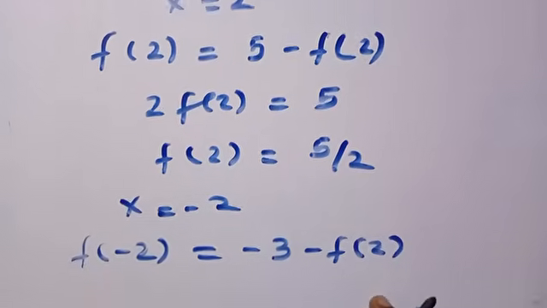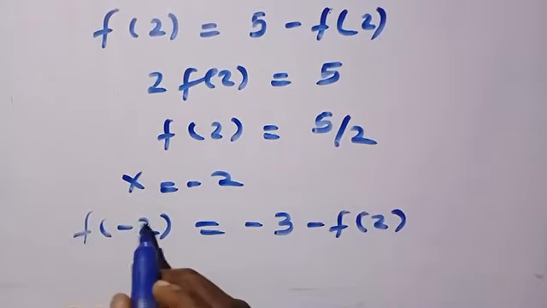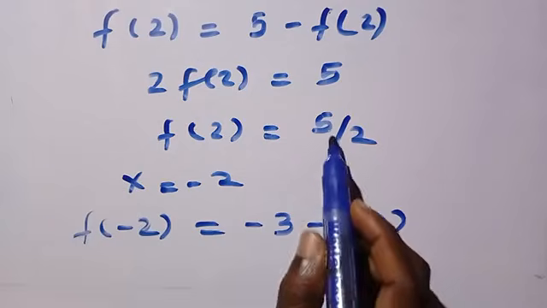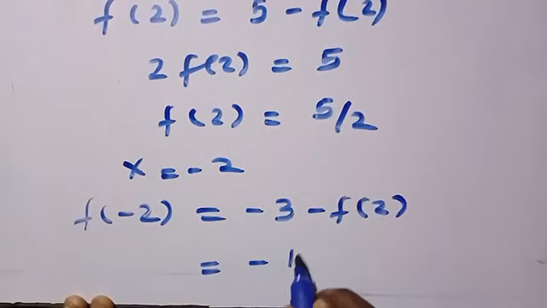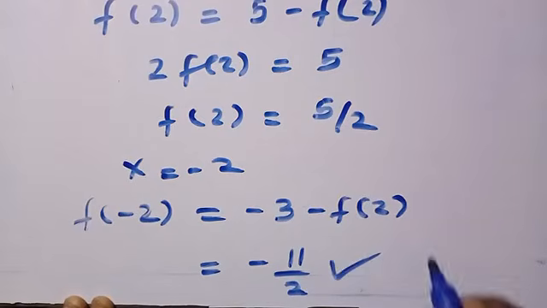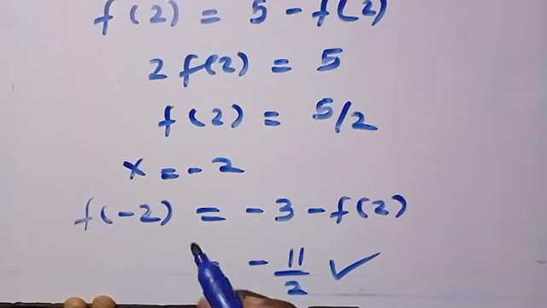Minus 3 minus f of 2, since we have f of 2 already, which is 5 over 2. Then introducing it here, we get the answer as minus 11 over 2, which is also the same as the first one we got. I think this method and the first method look similar, but it is another way of solving this. So let's see the last method.